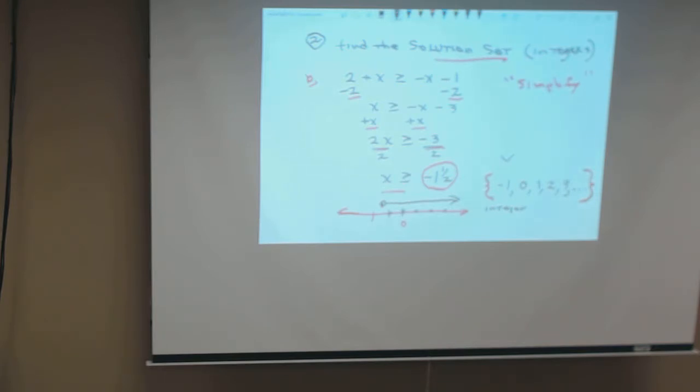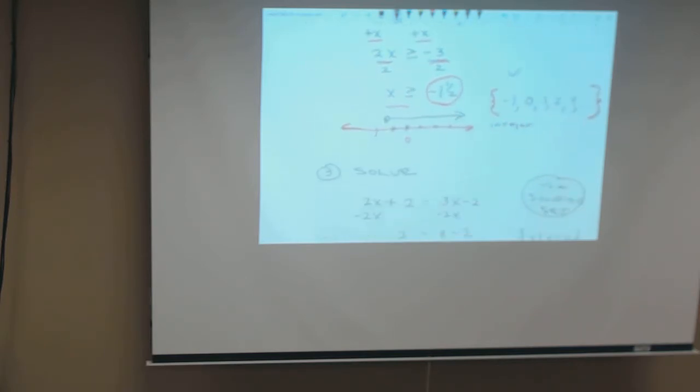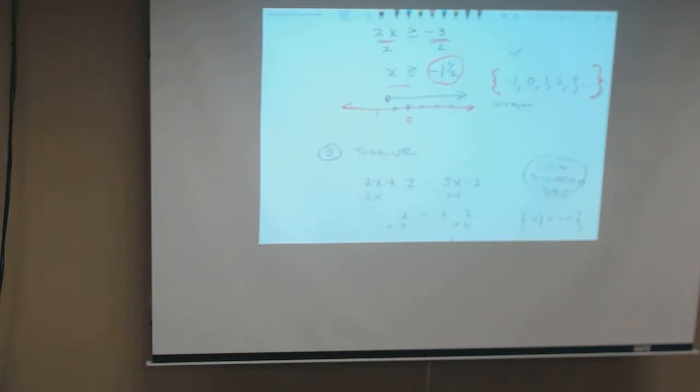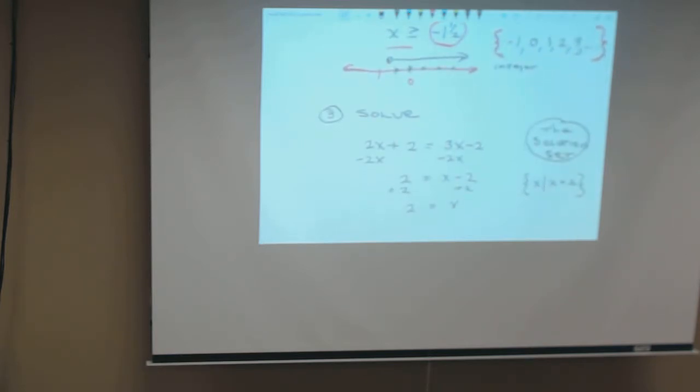All right, let's go to number 3. Solve. And which one are we doing? A. 2x plus 2 equals 3x minus 2.